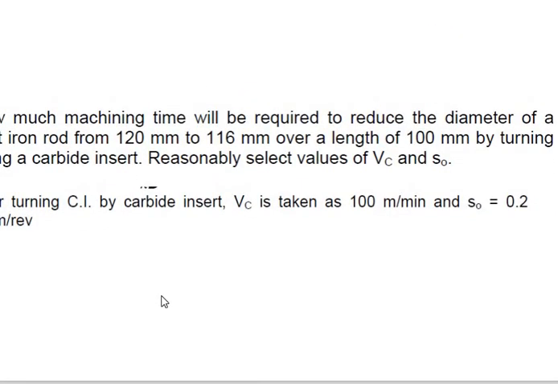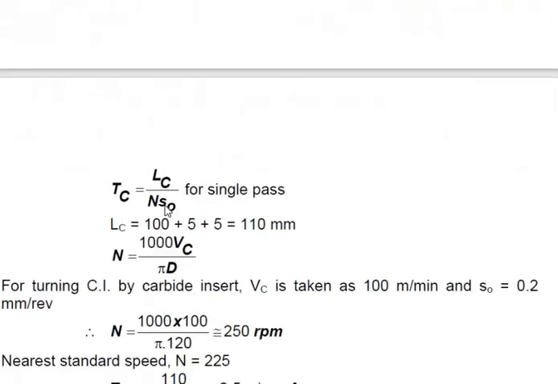So what we have to find is how much machining time will be required. Time Tc is equal to Lc divided by N So for a single pass. Lc is equal to 100 plus 5 plus 5, that is 110 mm.